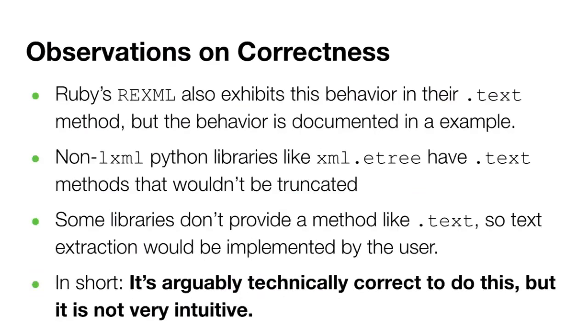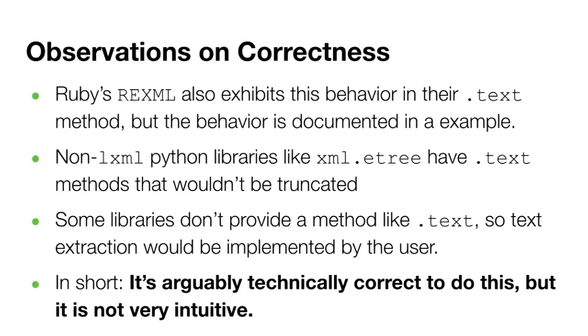So is LXML broken? It's kind of hard to say. Other libraries do what LXML does in their methods for extracting inner text. Take, for example, Ruby's REXML. It will also truncate everything after the comment, but REXML documents this behavior, so it could just be viewed as correct.